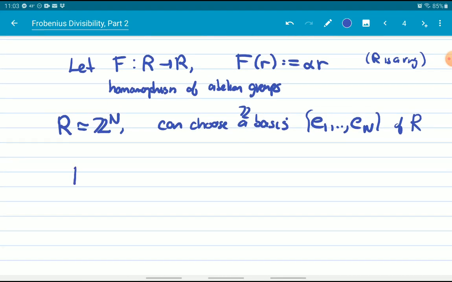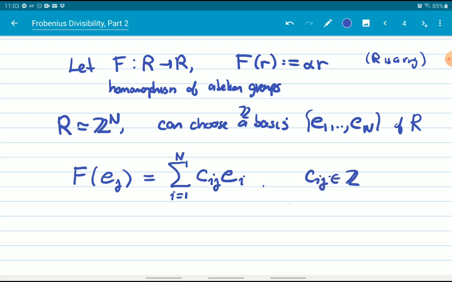Now, if I take this homomorphism f and I apply it to some basis element ej, it's got to be able to be written as some kind of integer linear combination of basis elements. So the cij's are integers. In fact, what I'm doing, if I call this B, I'm taking this homomorphism and writing it in the basis B, and that's a matrix C. That's all I'm saying. And it's an integer matrix.